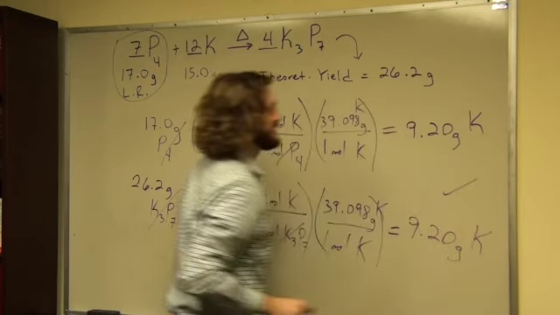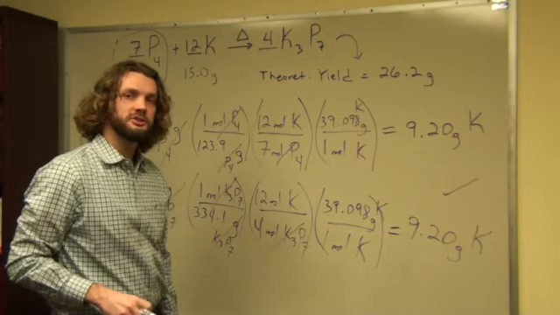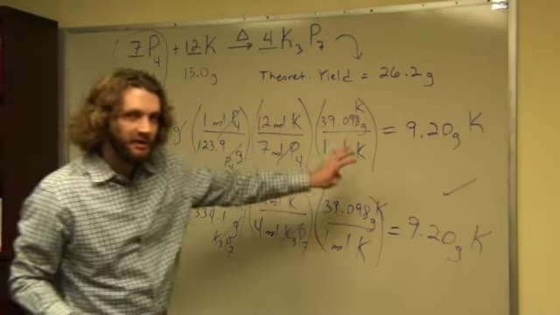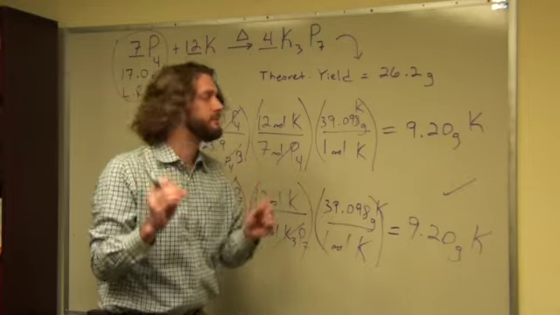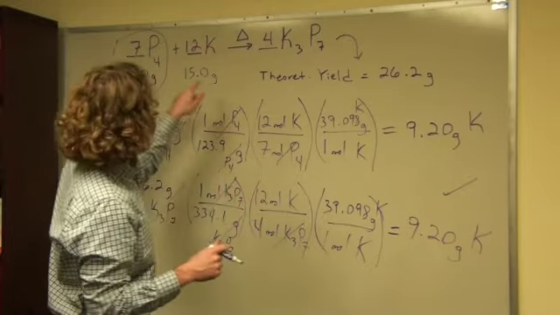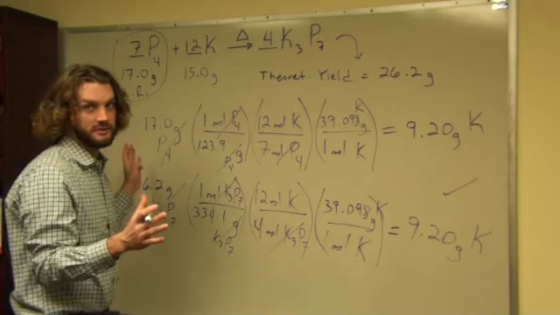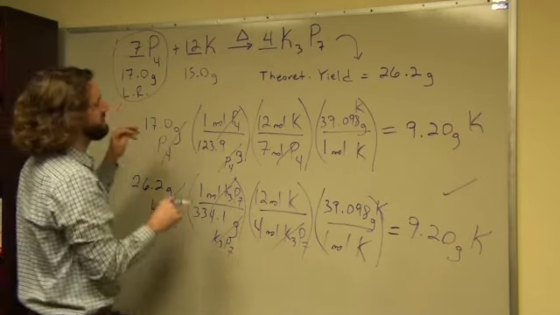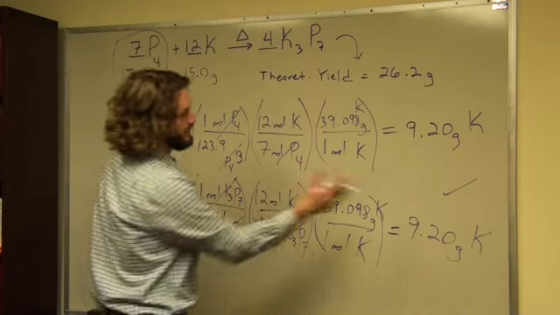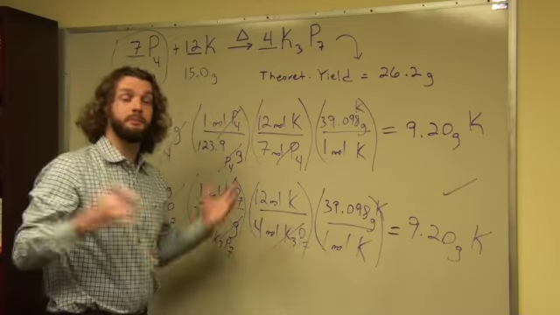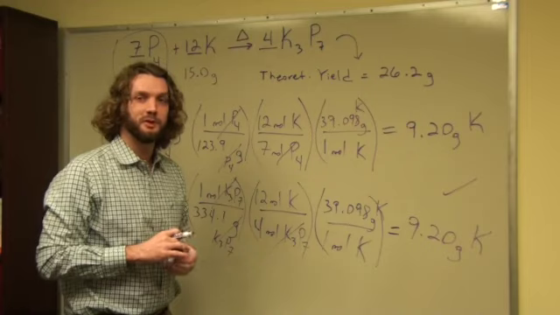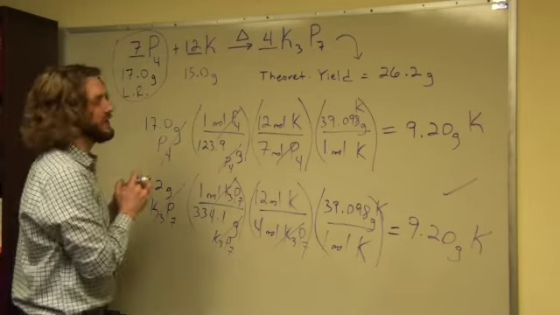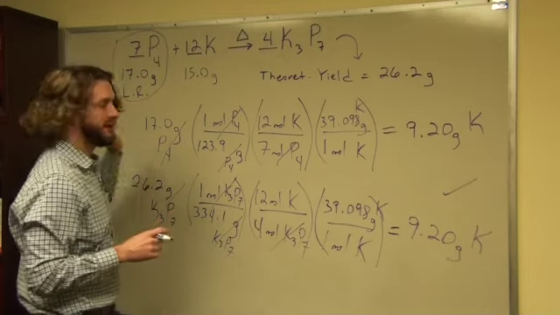So it does match, so I think we're in good shape in terms of setting things up correctly. So now, what is this value? This is the stoichiometric amount of potassium that will get used up and leave no leftovers if we were to run this reaction, right? So if we wanted to have no leftovers, I will mix 17 grams with 9.20 grams of potassium. In a perfect world, it would leave no leftovers. In real reactions, that's hardly ever the case. But that would be the stoichiometric equivalent of our limiting reactant.